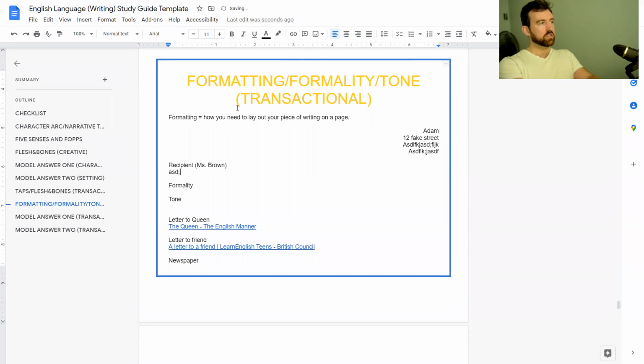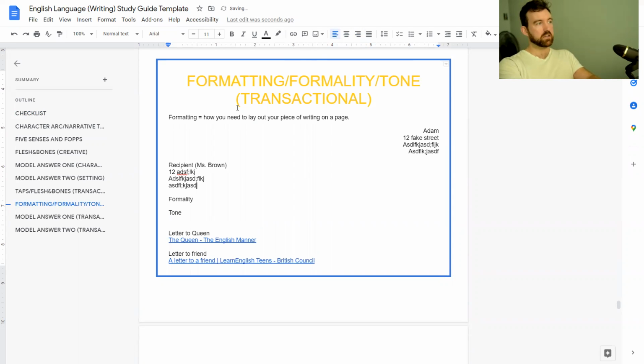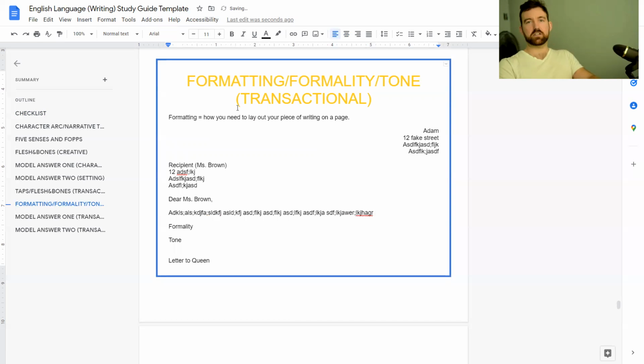And then you again would do a fake address. And then you would start with Dear Ms. Brown, and then you would go into, I am writing to let you know, blah, blah, blah. Yeah, and you'd start writing. Hopefully yours will look nothing like this because this is just awful, but you get the idea.